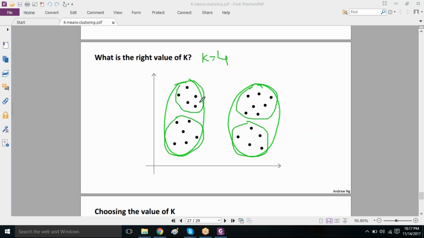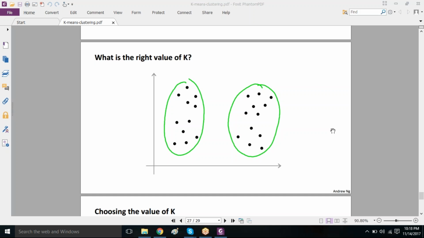Now, should we choose k equal to 2 or k equal to 4? To decide that, mostly what I have seen, from my experience, this k you have to give based on your knowledge about the data. Are you getting my point?